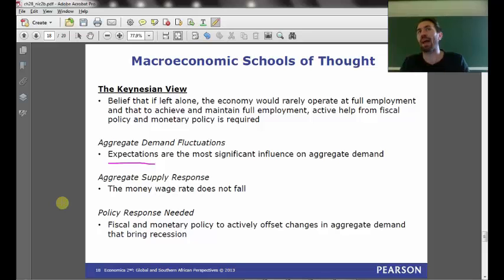Of course, what happens to aggregate demand if you decide not to spend on investment? Aggregate demand decreases, that's correct. What happens to output and spending if aggregate demand decreases? Output goes down. What do you think that does for your expectations about what the economy is going to do in the future if the economy is going backwards at the moment?